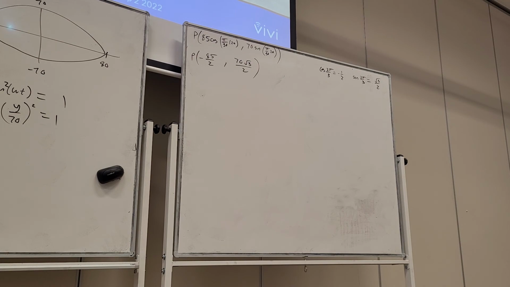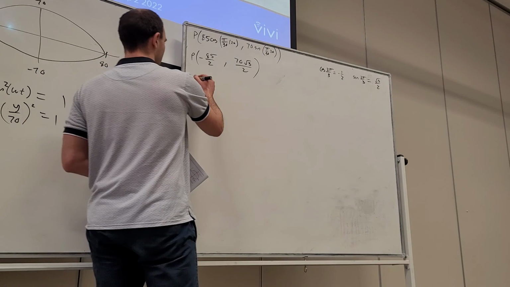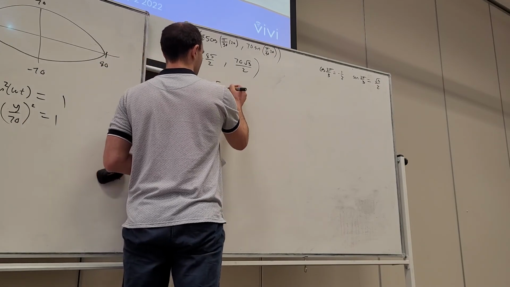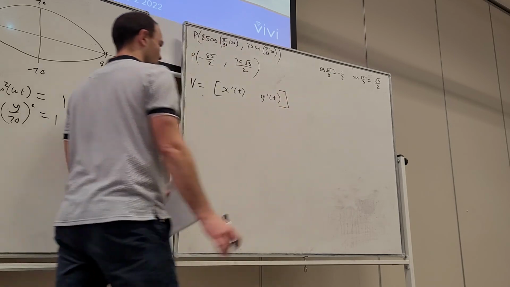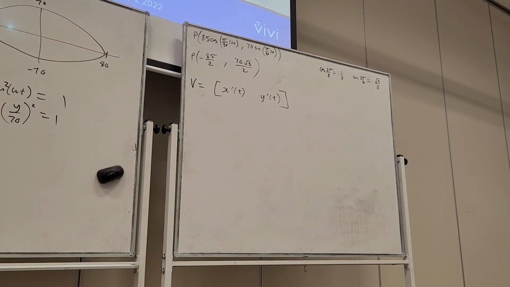Okay, next we need the velocity and the speed. Well, we know the velocity vector: the velocity vector is x dash of t and y dash of t. So let's come up with the velocity vector, and then we're going to put the t value, t is 20 seconds, into the velocity vector.